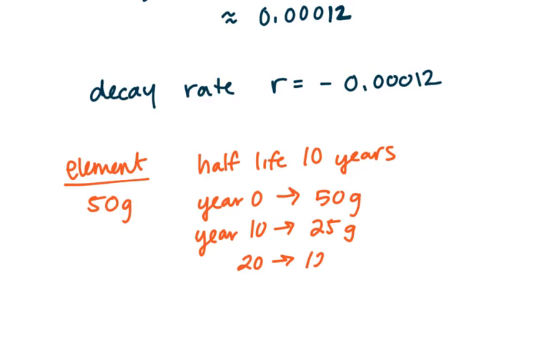Year 20 would turn into 12.5 grams. 30, 6.25 grams. So what you see is this is decaying and it's losing half of its initial quantity every 10 years, every time that half-life passes.